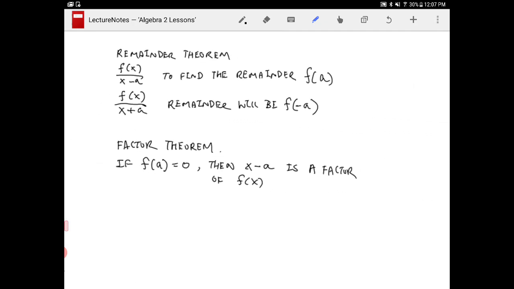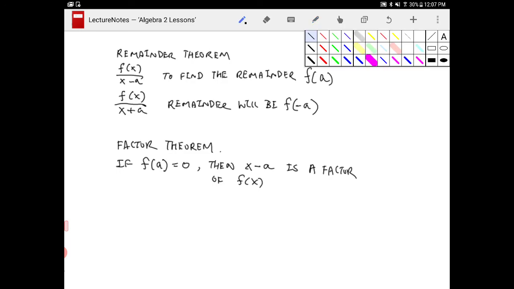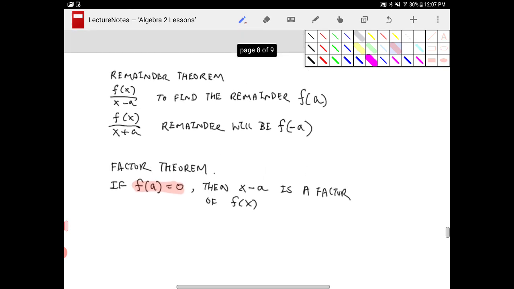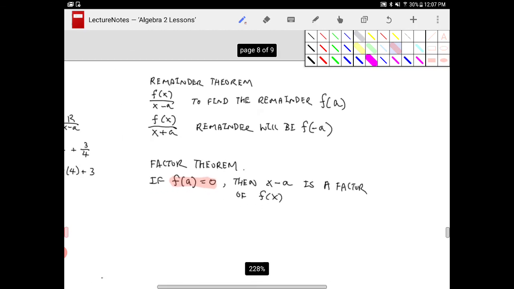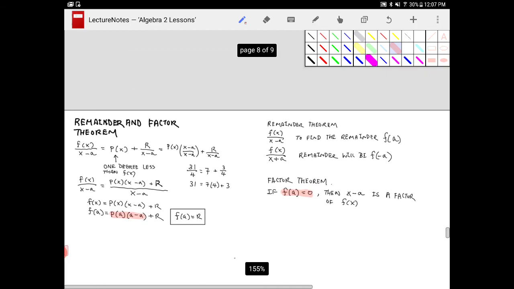If f of a happens to be a root, because that's what this is saying here, then I know x minus a must be a factor. Let's take a look at some examples where we can apply this so that it will make more sense.